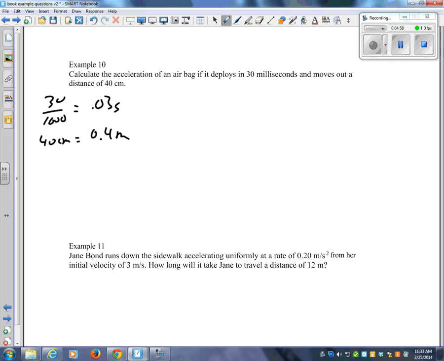Once you've done that, it's a simple matter of d equals vit plus 1/2 at squared. 0.4, initial velocity is 0, which is nice. We're finding the acceleration, and the time squared is 0.03 squared.